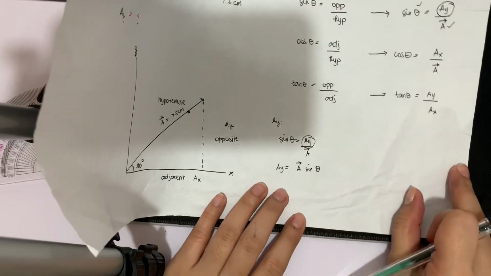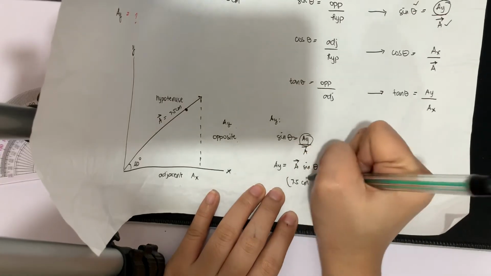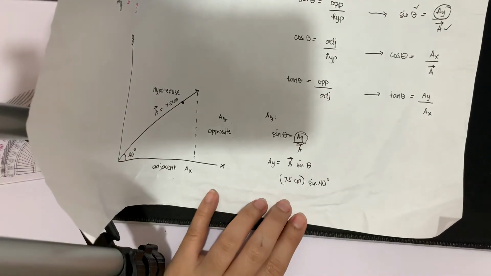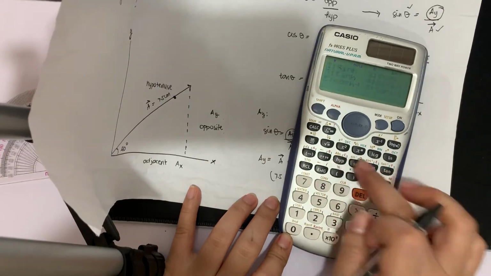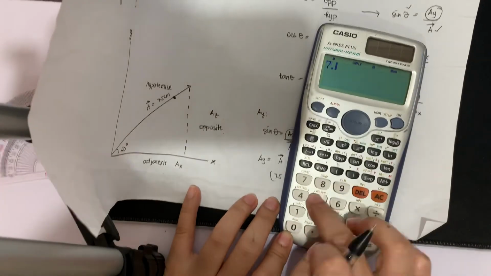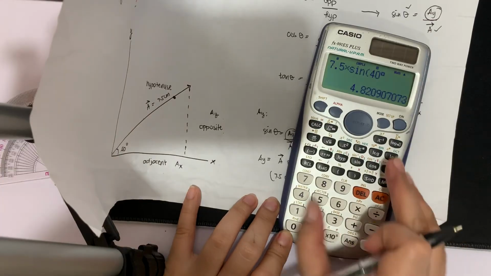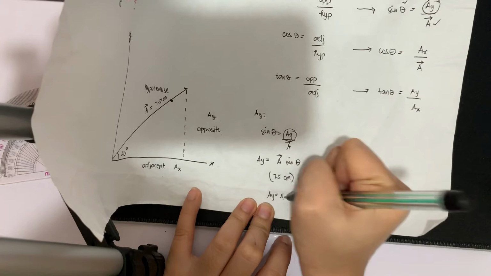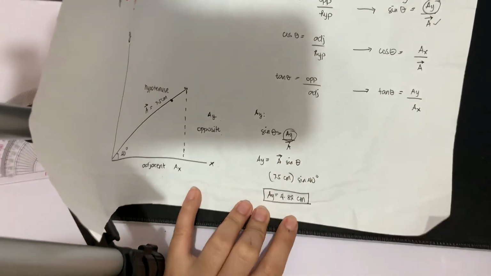So our A is 7.5 cm times sine 40 degrees. Using your calculator, 7.5 times sine 40 degrees, we have 4.82 cm. That is the value of our ay.